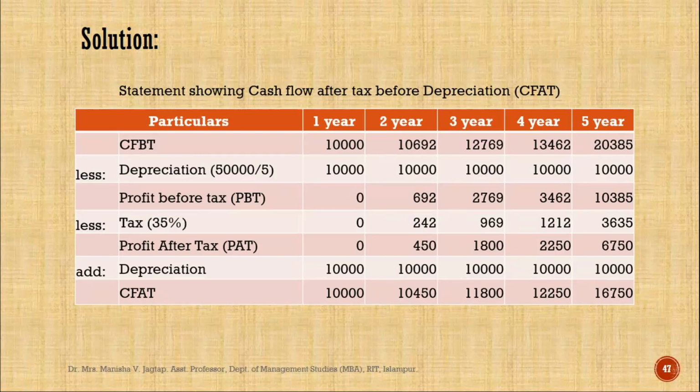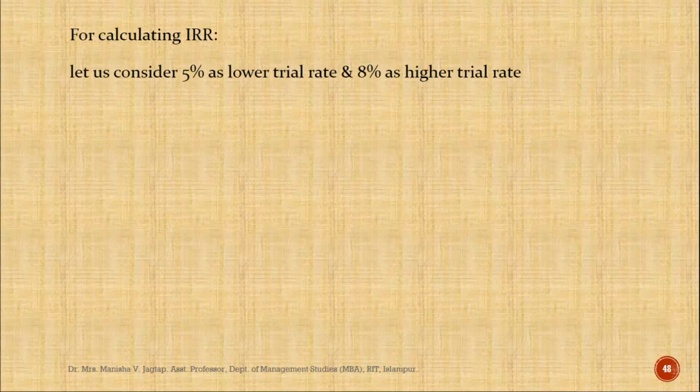And then next is calculating IRR. Now here they have not given any cost of capital or discount rate to us. And for identifying internal rate of return, we need to have a rate of return.